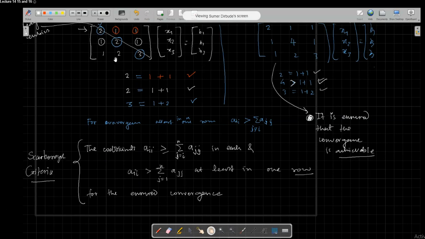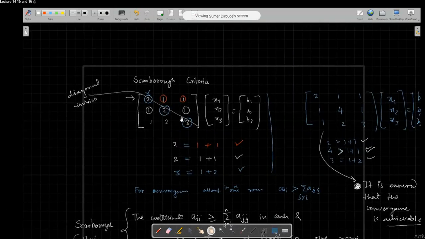Suppose I divide this by a large number, say 5.